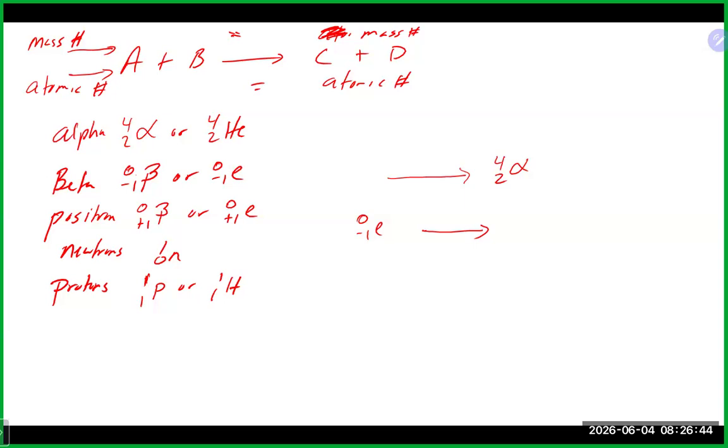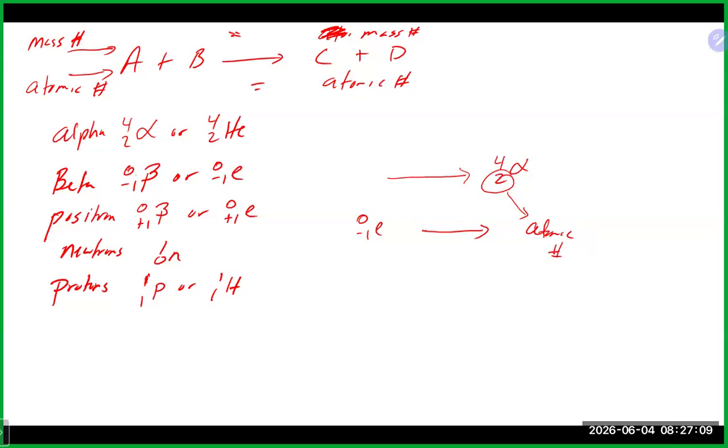Remember that it is the atomic number, which is our bottom number, that's really where you want to go first if you have an equation where maybe something's missing, or if you're trying to figure out what it forms. The atomic number really will tell you what element is going to be formed as a result of this decay process.